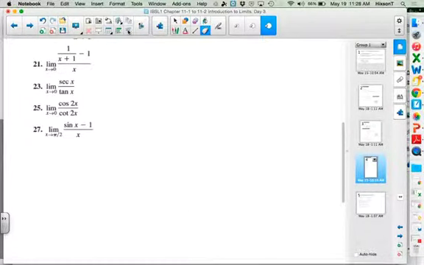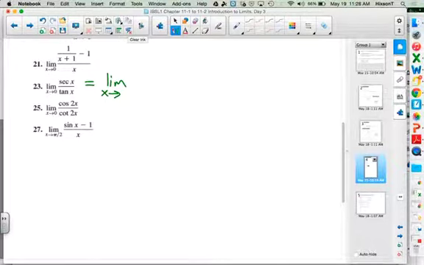So let's take that same concept and apply it to these next ones. They gave you 21 intentionally because you're going to use a similar kind of concept to do the next 3. This takes us back to our trig. We're getting the limit as x approaches 0 of secant over tangent. Now, what's secant? It's the reciprocal of cosine, so it's 1 over cosine.